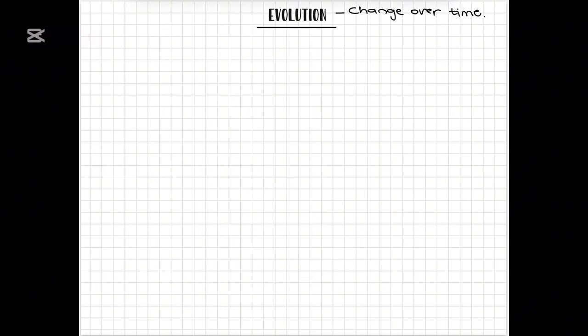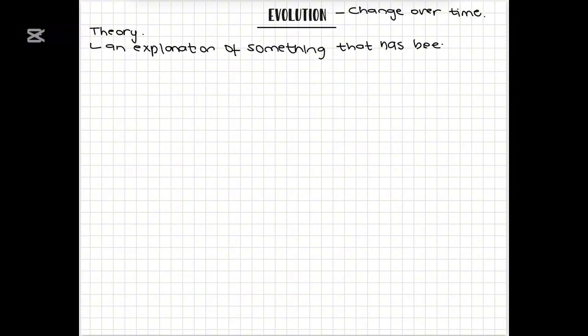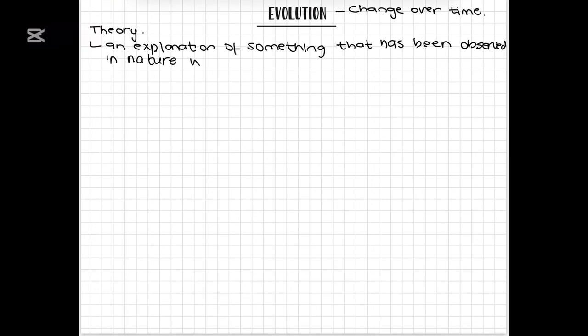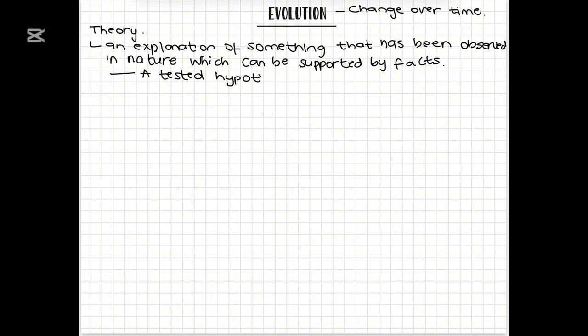So because evolution is a theory, we must understand what a theory is. A theory is an explanation of something that has been observed in nature and can be supported by facts. In general, it just simply means a hypothesis that has been tested. So let's write the definition down. Now, because we're looking at hypothesis, we must know what a hypothesis is.